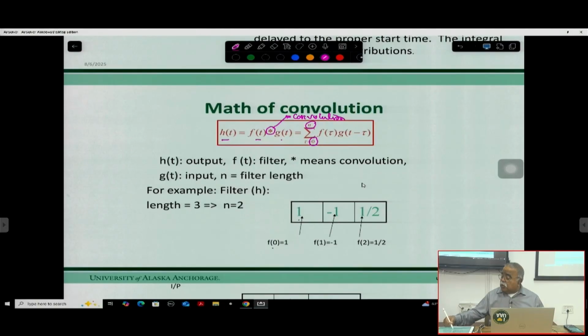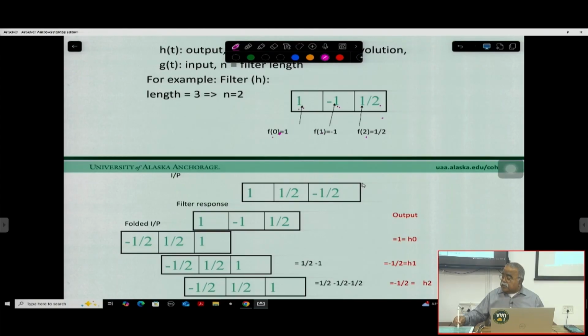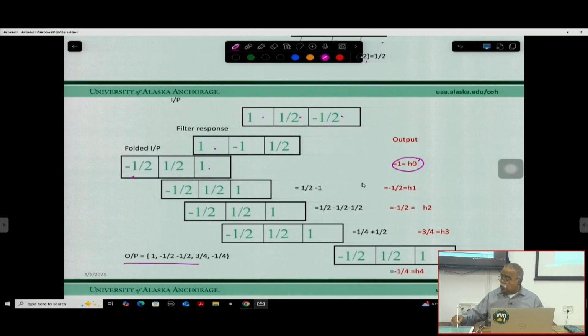So this is our f0 as 1, f1 as 1, and f2 as a half. Let's say this is our filter, and this is our signal: 1, half, and half. We will fold it, make these things front like this way, back like this way, and then shift it one unit each time, so H0 equals 1, then H1 will be equal to this one, and then the output will be this.